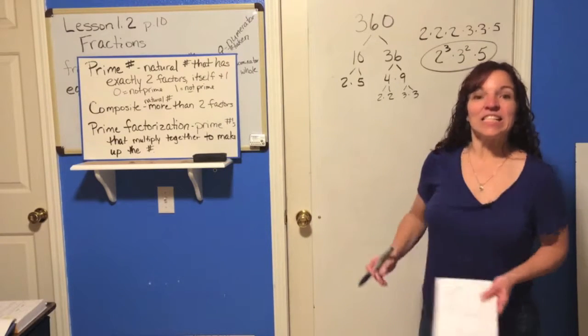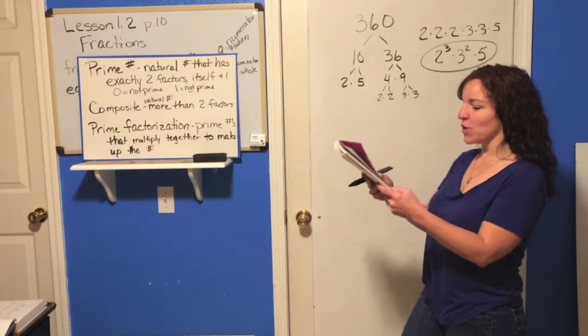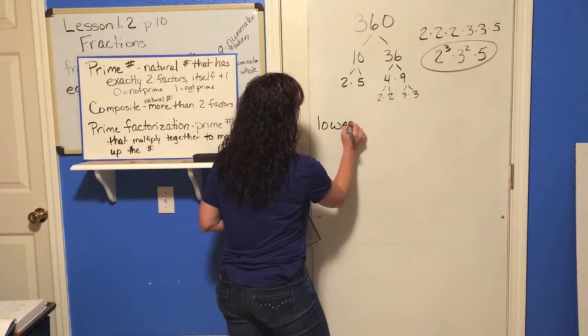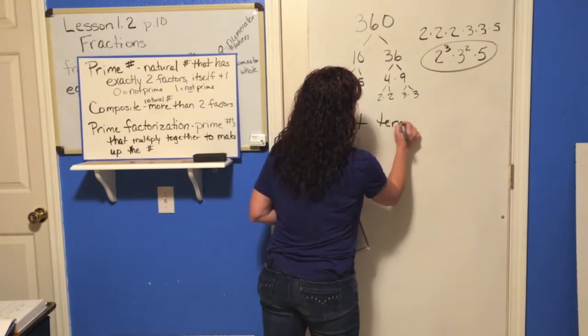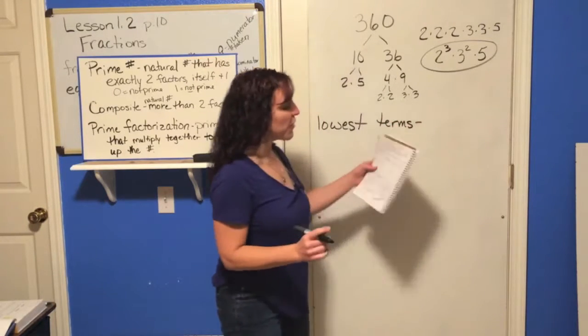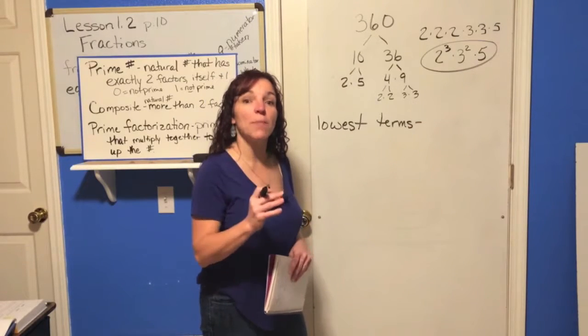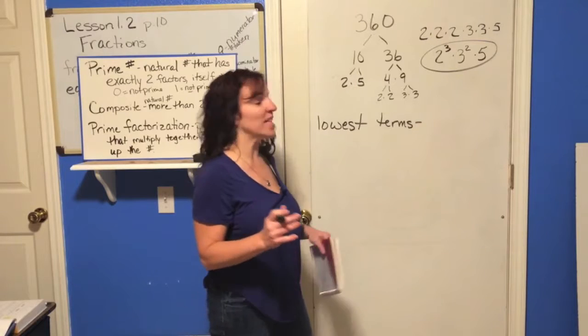And let's simplify fractions to lowest terms. Lowest terms of a fraction. Simplifying a fraction to lowest terms simply means that the numerator and denominator don't have any factors in common.